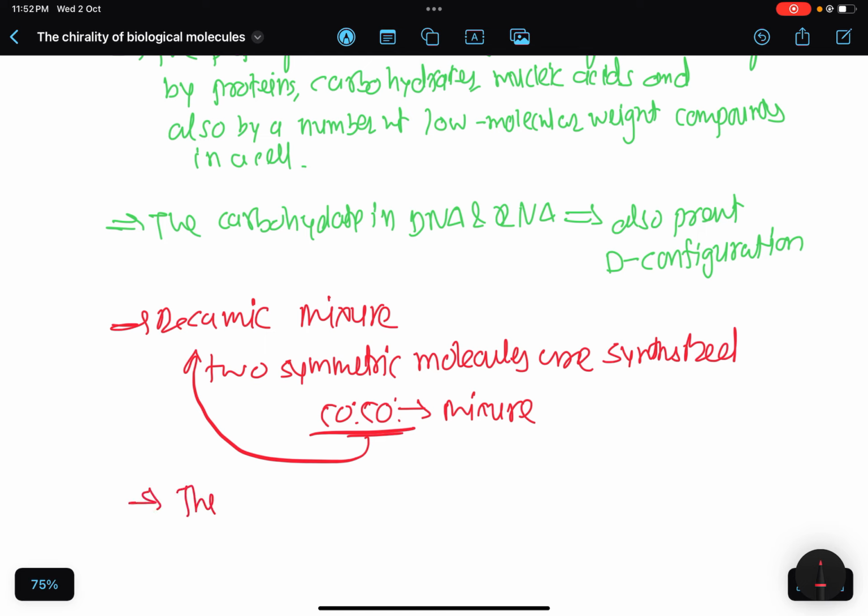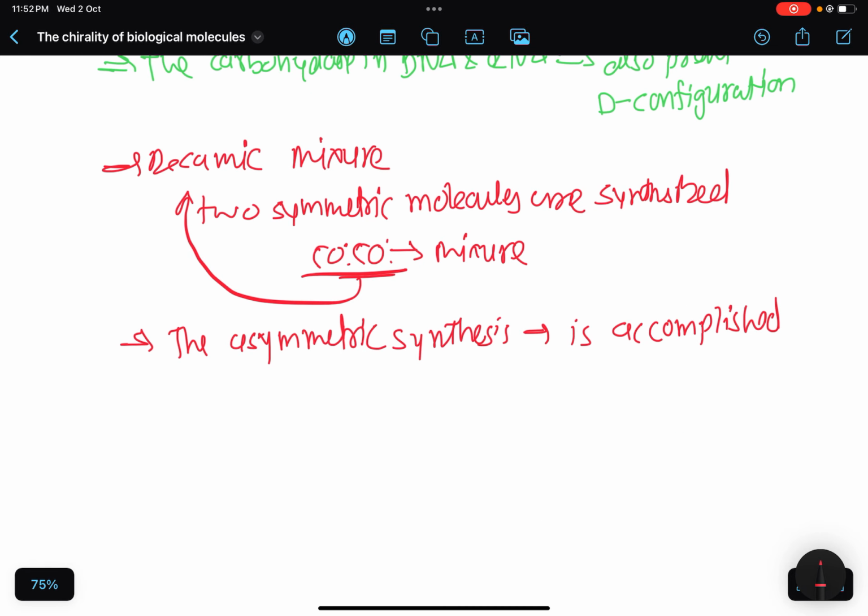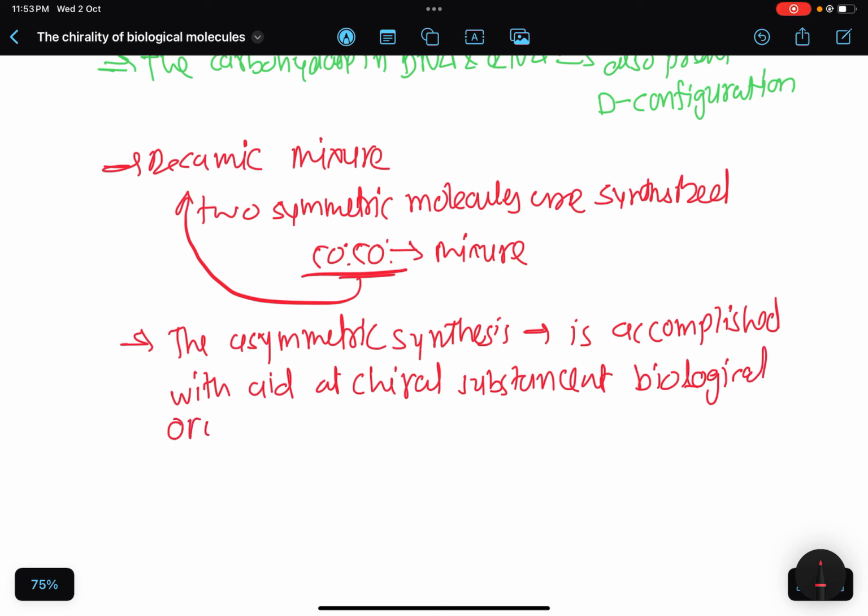The method, also known as asymmetric synthesis, is accomplished with the aid of a chiral substance of biological origin, usually alkaloids.